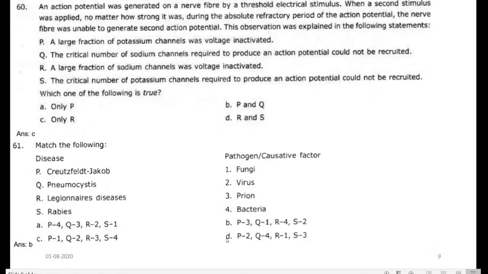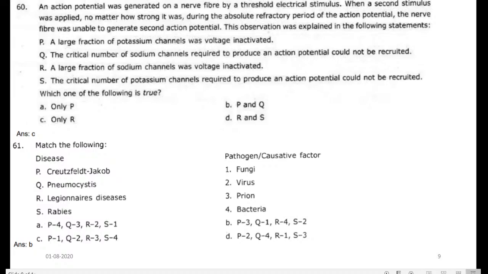The 59th, then 60th question: an action potential was generated on a nerve fiber by a threshold electric stimulus. This is the statement concept. When a second stimulus was applied, no matter how strong it was, during the absolute refractory period of the action potential, the nerve fiber was unable to generate a second action potential.